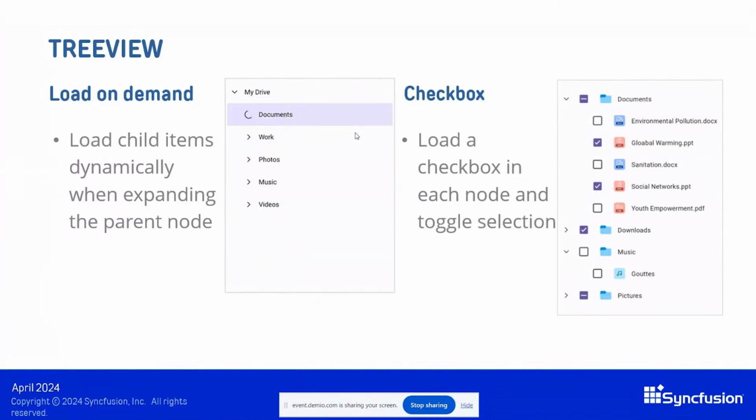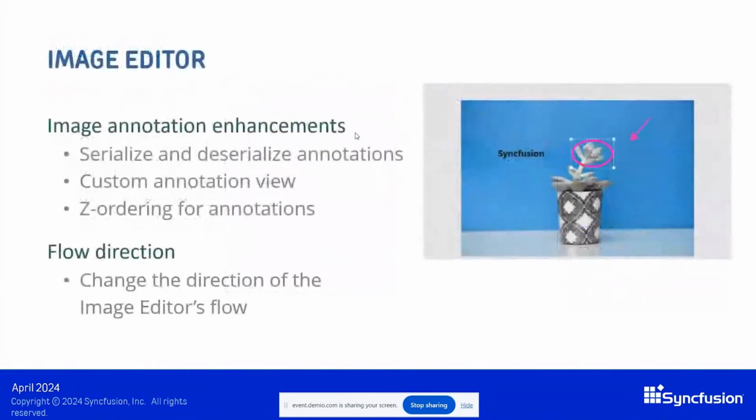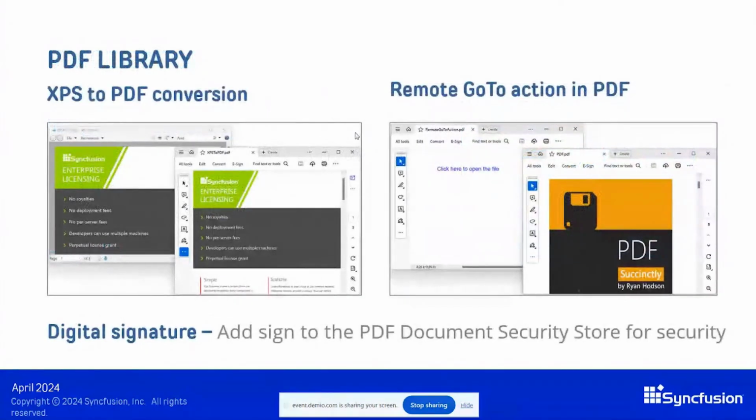You can load a checkbox in each node and toggle selection. In image editor, we have provided enhancements like serialize and deserialize annotations, customize annotation view, and Z-ordering for annotations. And you can also change the direction of the image editor's flow. In PDF library, we have provided support for XPS to PDF conversion and remote go-to action in PDF.